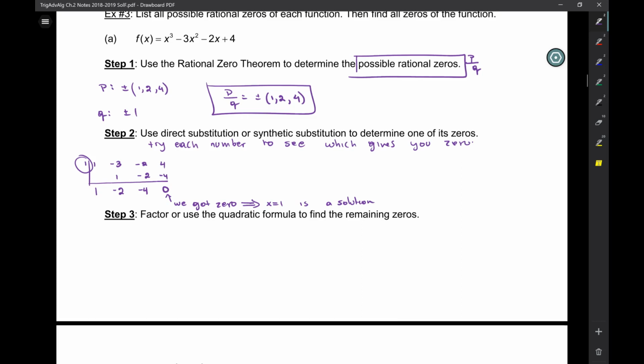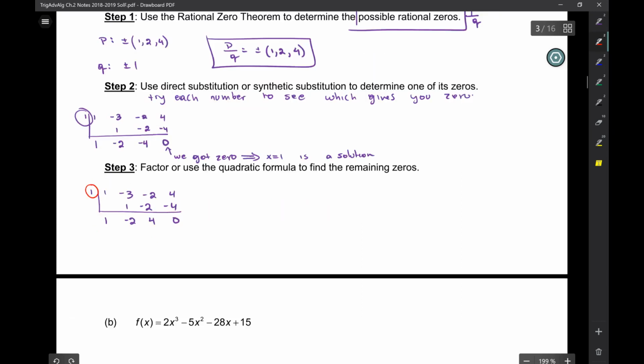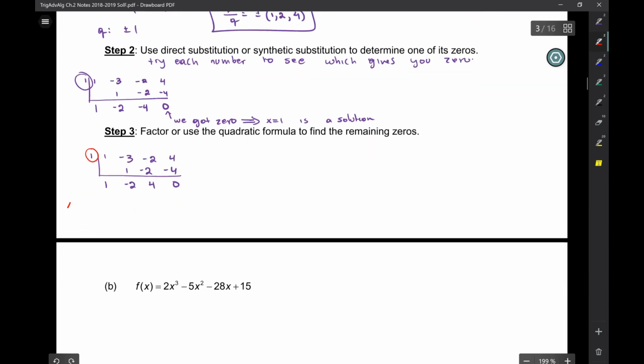So basically what we have, I'm just going to copy it down here because there isn't enough room over there. This one gives you x minus 1. So basically what you do is you take that number and you do x minus that number.